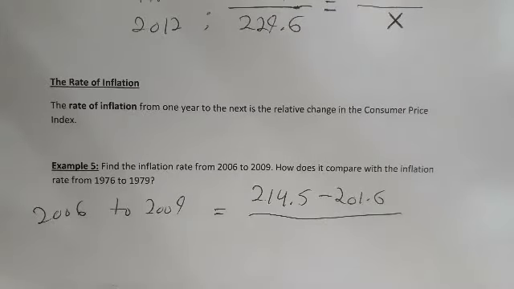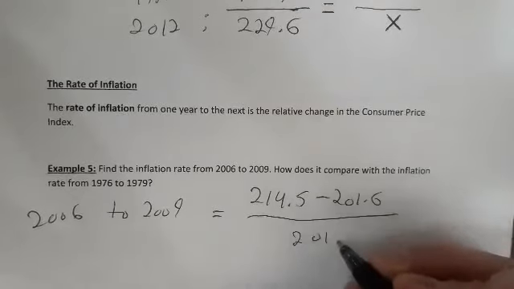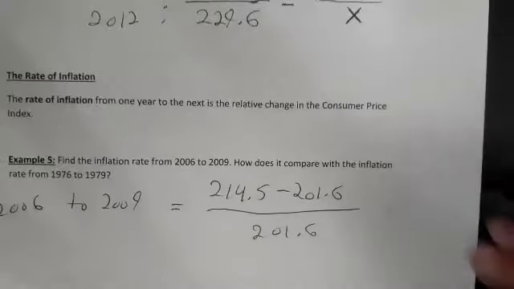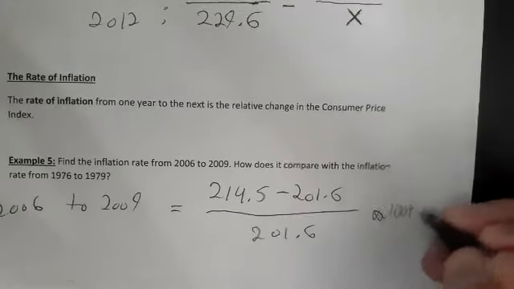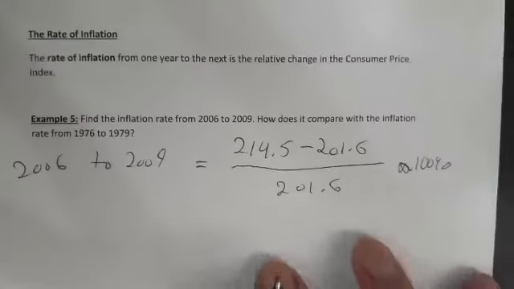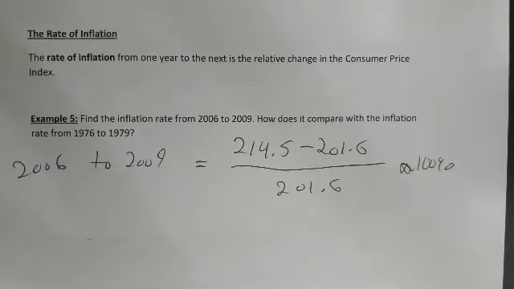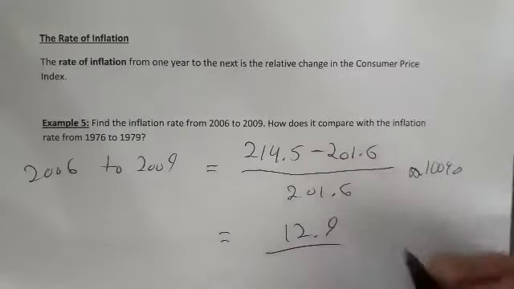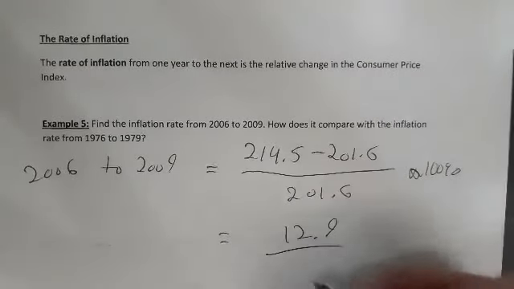But if I want the relative change, I have to divide this by 201.6, and then convert my decimal to a percentage. That's the main setup here. 214.5 minus 201.6 should give me 12.9, so I'm trying to figure out what 12.9 over 201.6 is going to be.